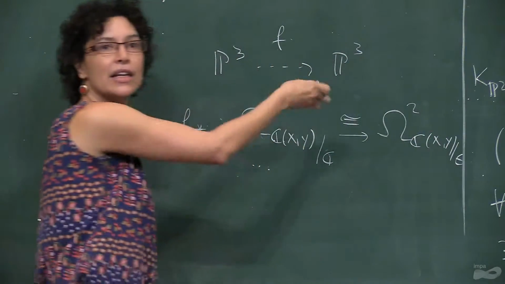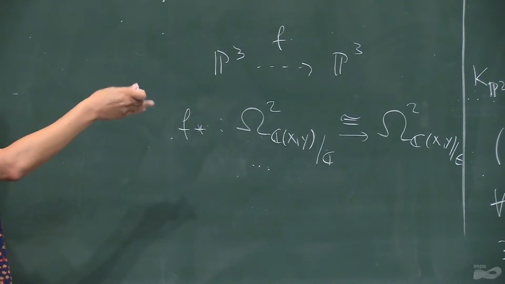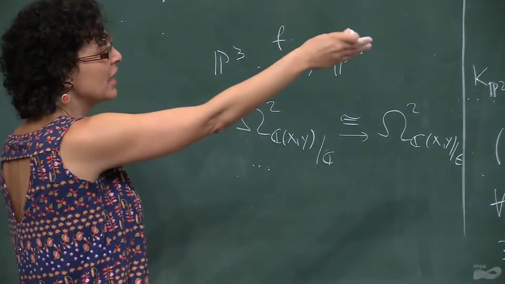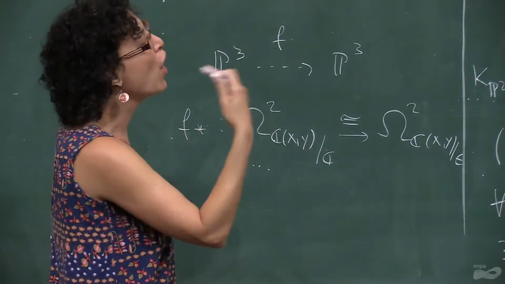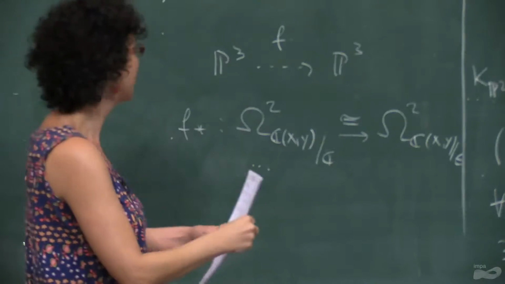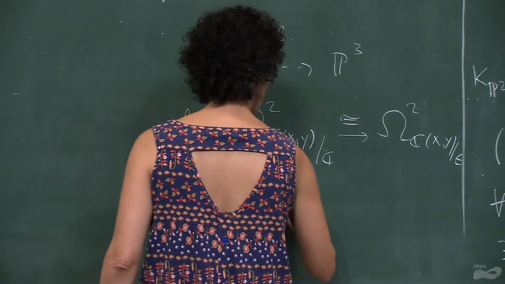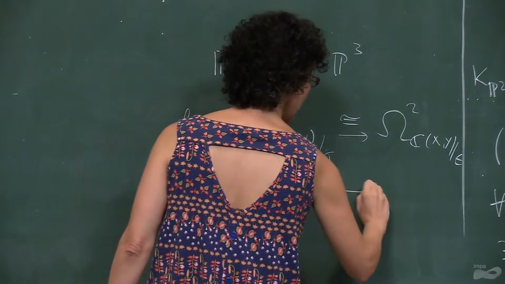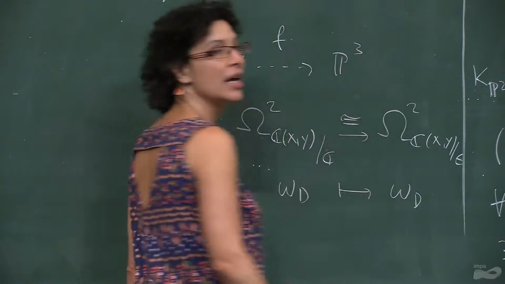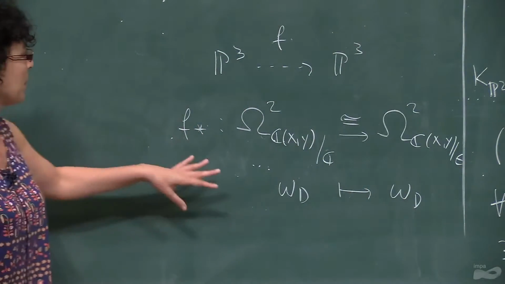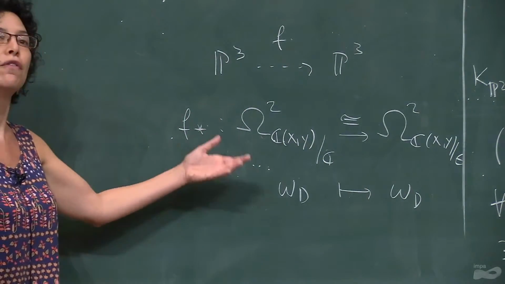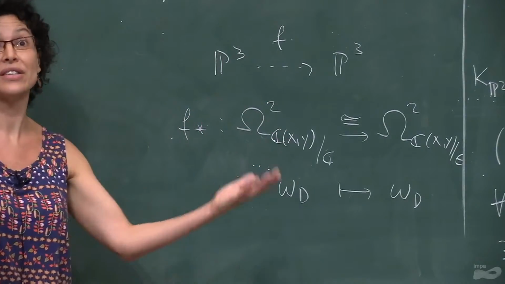So you get an identification of these spaces. And one way to define what we call a volume-preserving birational map is that the form associated to D is taken to be a form associated to D. So this is in terms of forms, but it turns out that these two things are equivalent.